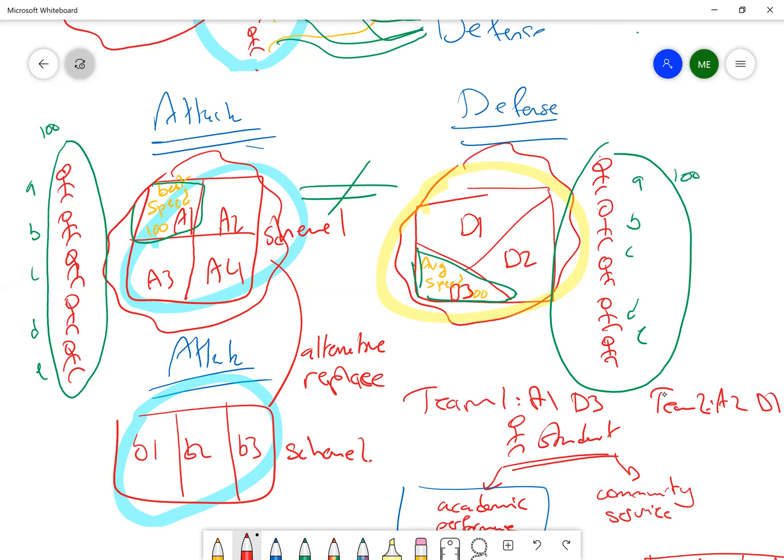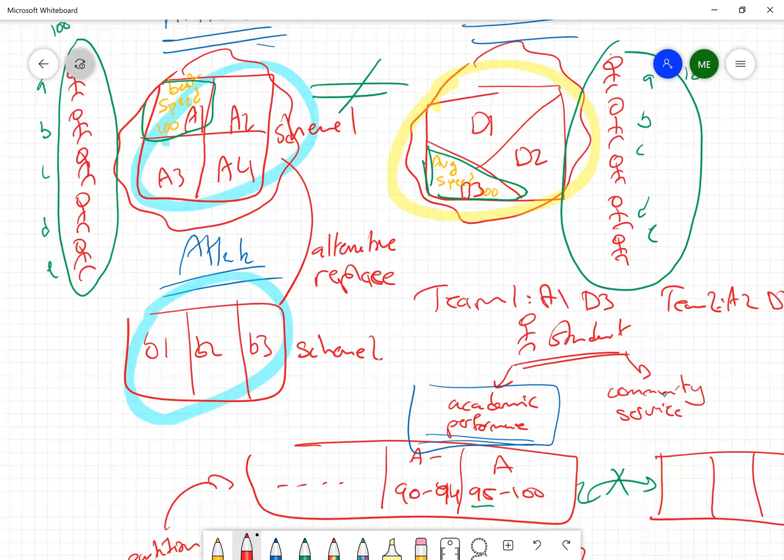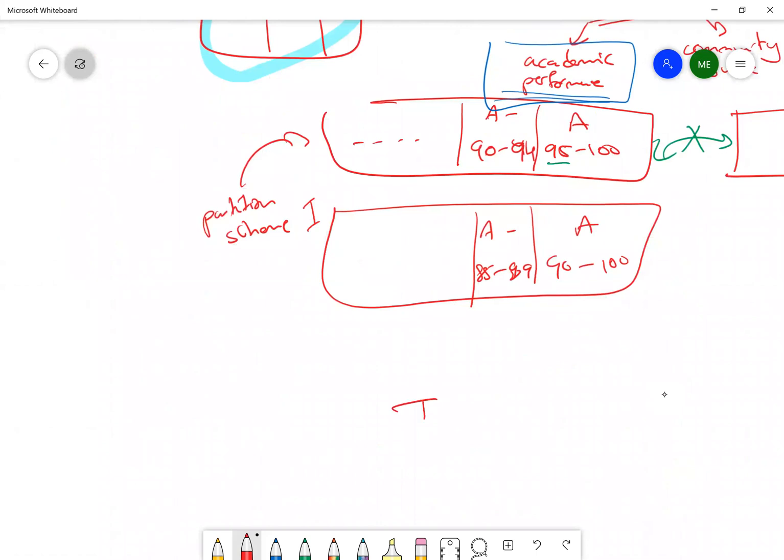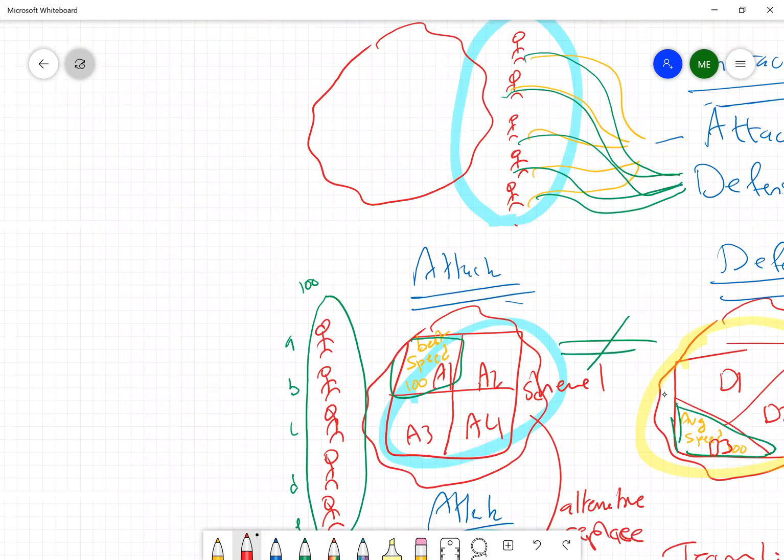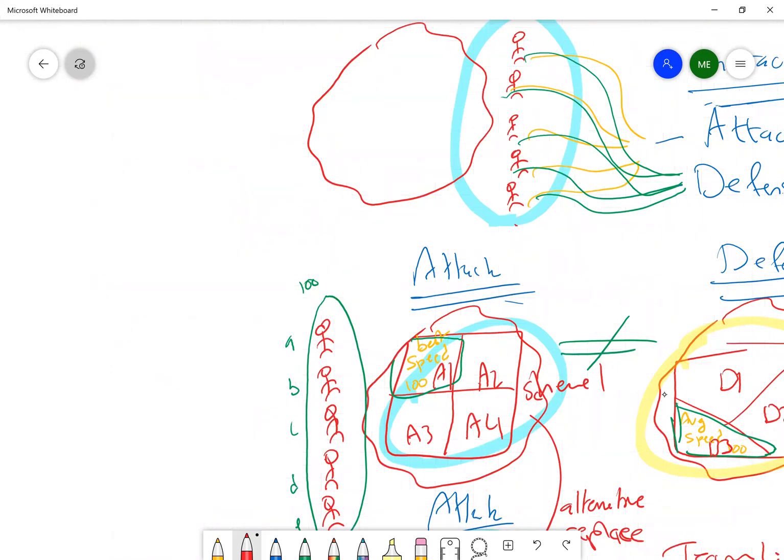What we cannot have for sure is a team being A1 and A2. Why? Because we made them pairwise disjoint.